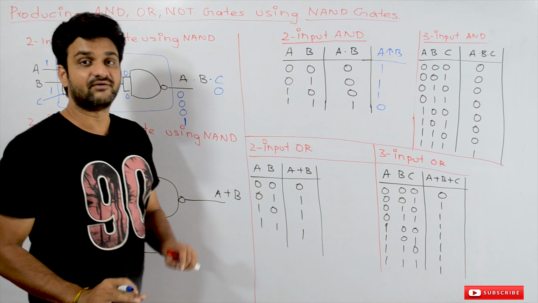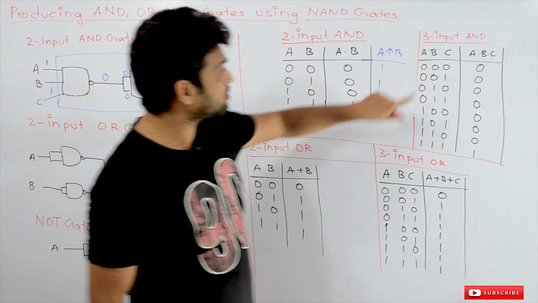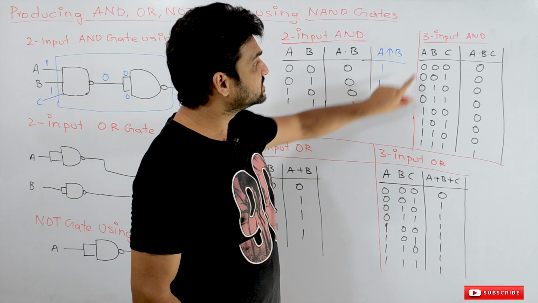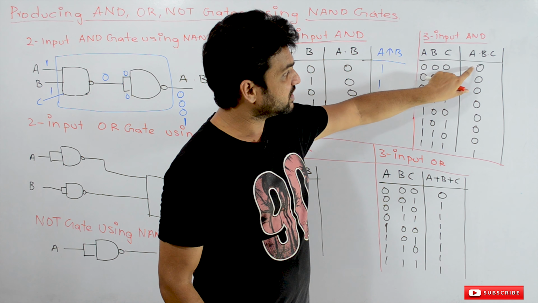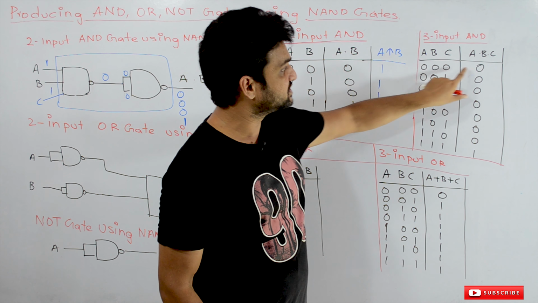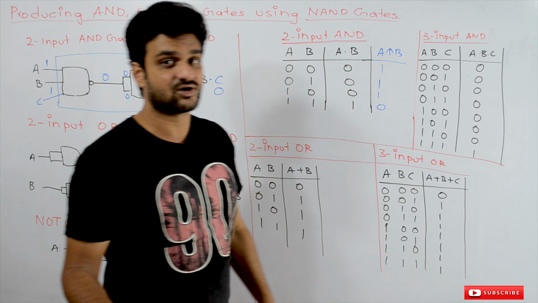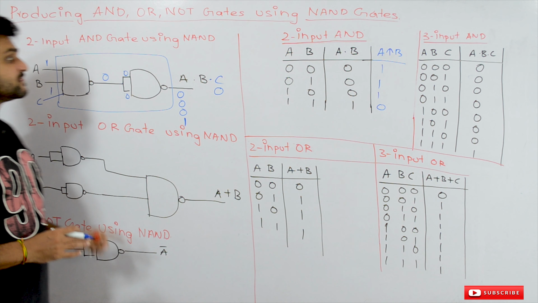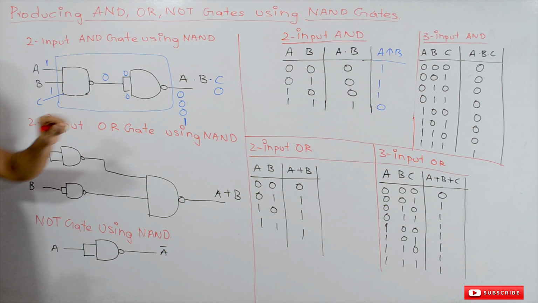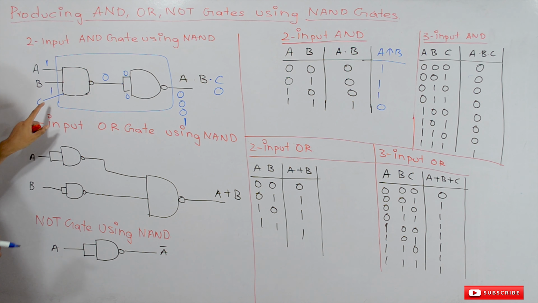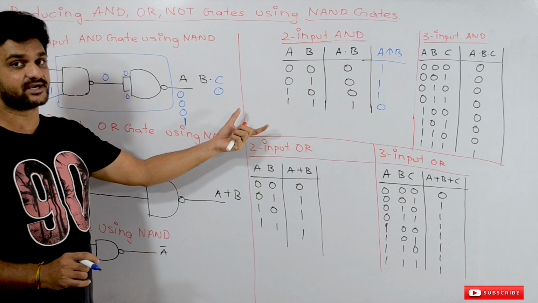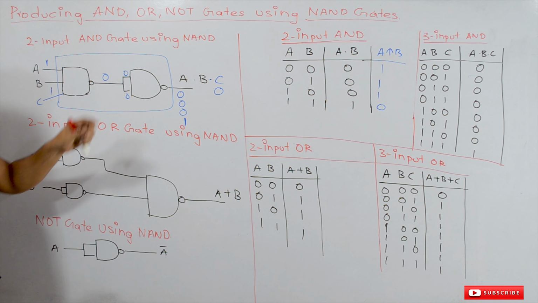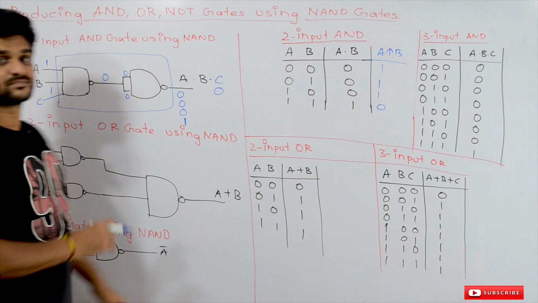Our suggestion is to check for all the combinations of inputs whether they produce the equivalent results. You try to do it on your own, as we did for the 2-input AND gate.